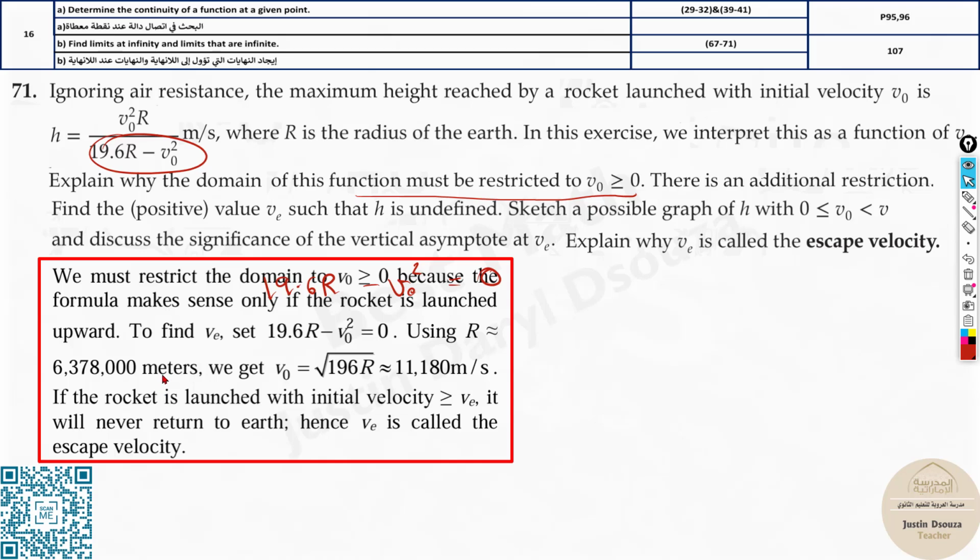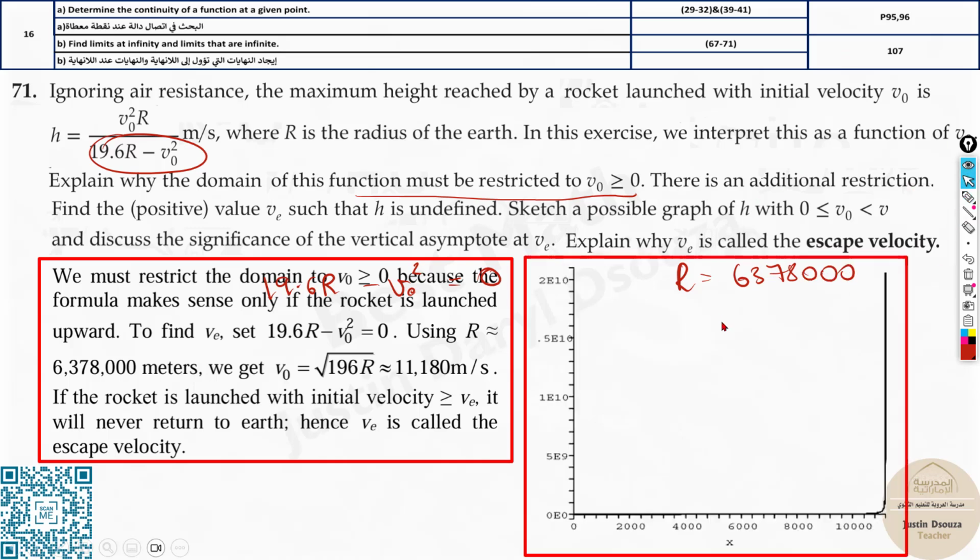Oh, it's given in meters. In kilometers, it's about 6,370. I was thinking it's 6,378 thousand kilometers. Since it's given in meters per second, let's write it as it is. R equals 6,378,000.